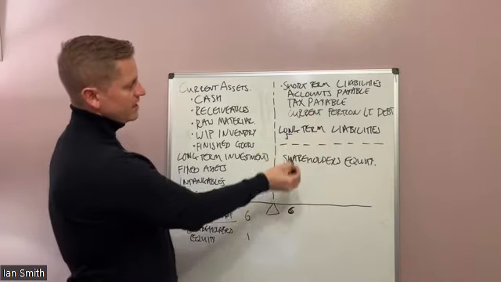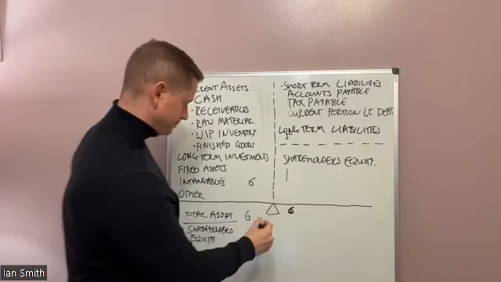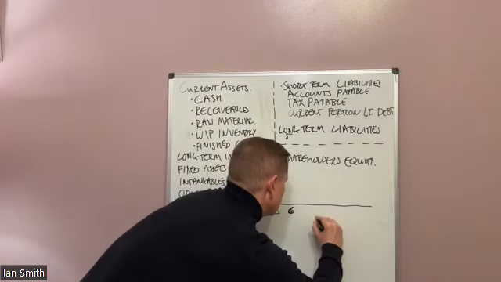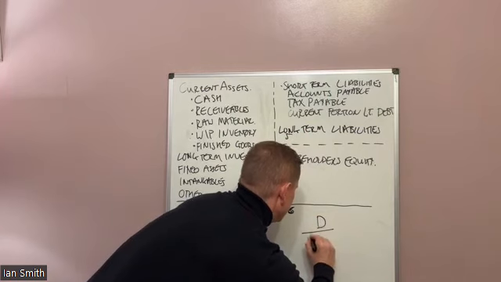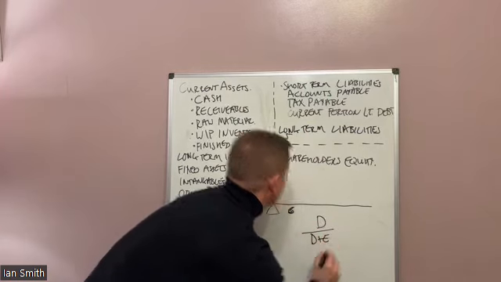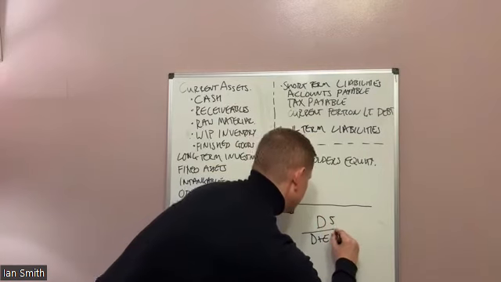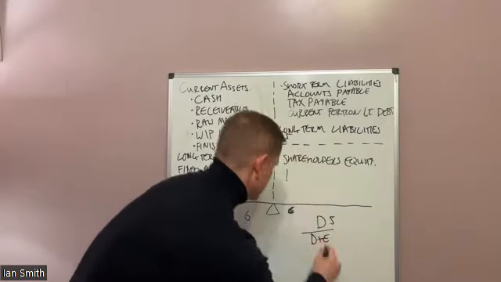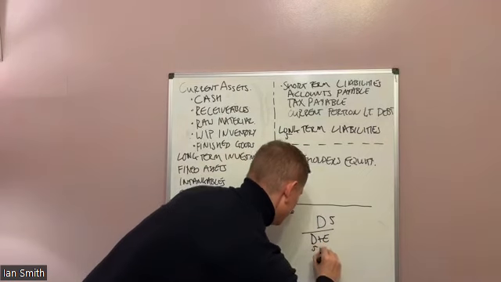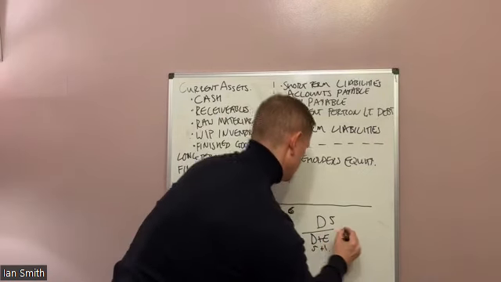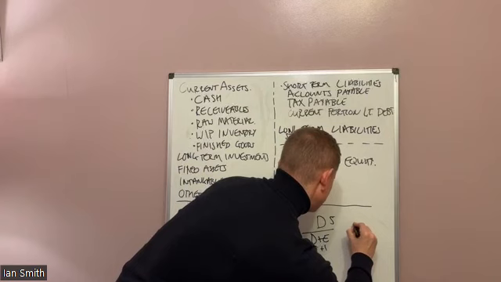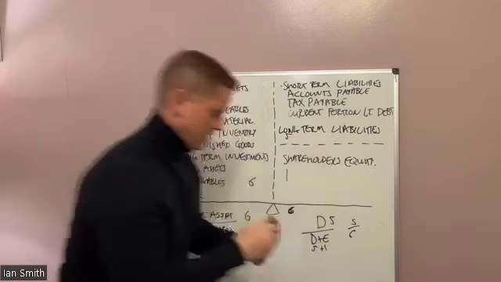Going back to the 5 and 1, debt over debt plus equity is equal to 5 divided by 5 plus 1. So that's 5 over 6, as a percentage.